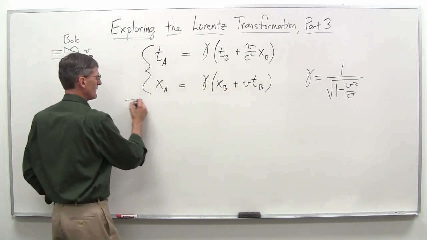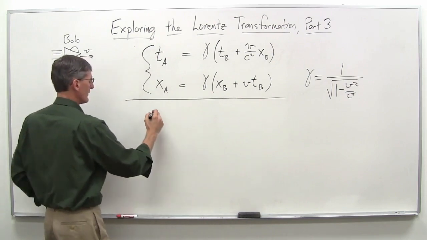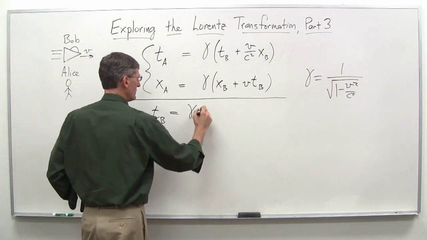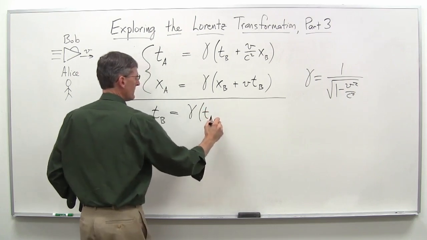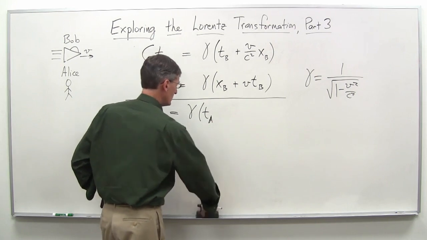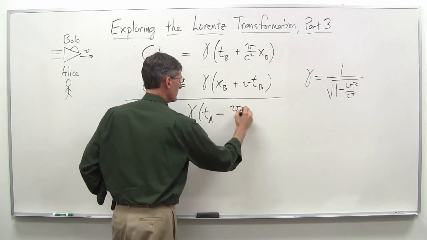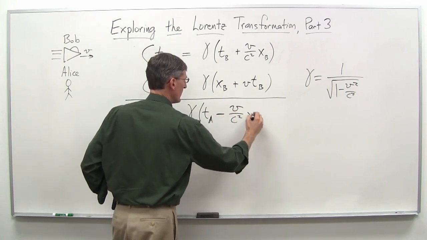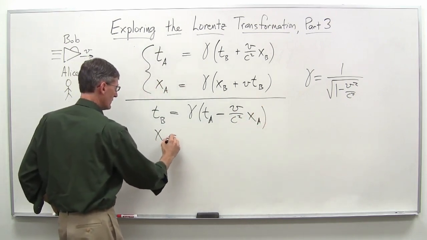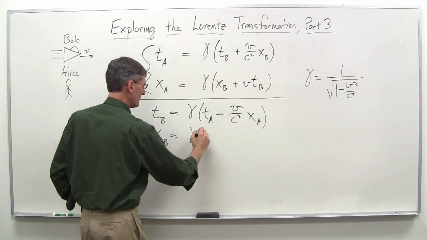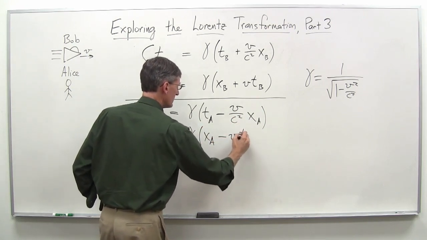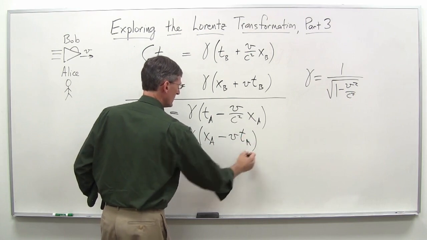So we can write it like this. From Bob's perspective, we'd say, okay, t_B for Bob is gamma times (t_A minus v over c squared times x_A), and x_B for Bob is gamma times (x_A minus v t_A), like that.